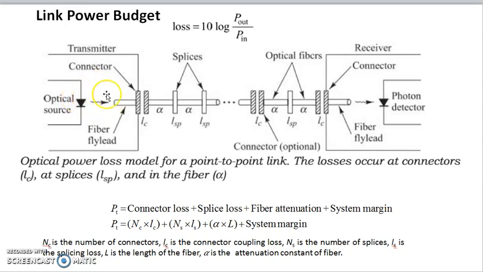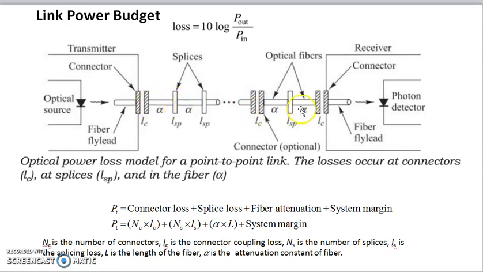Your source emits light, and then we need a connector for your given fiber. So we consider a source and a fiber. We require a fly lead here to connect your source to the fiber. So that is a connector we require from the source to the fiber.